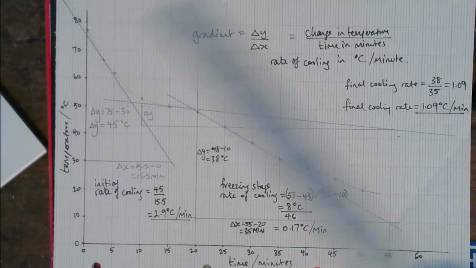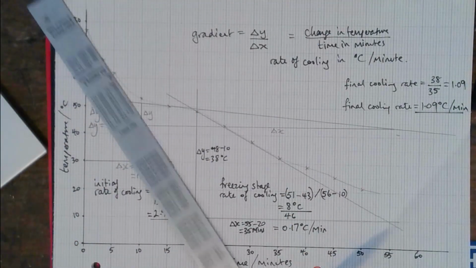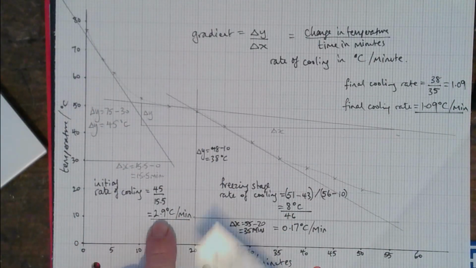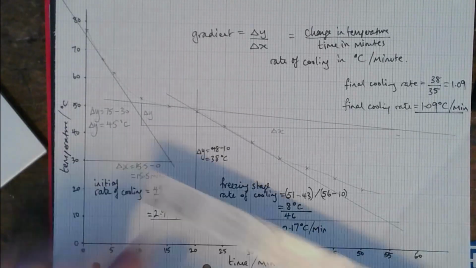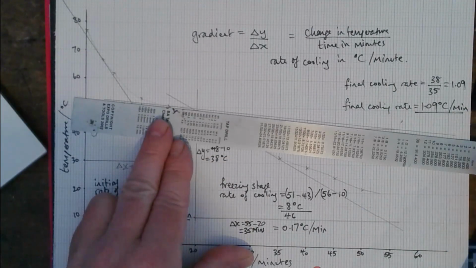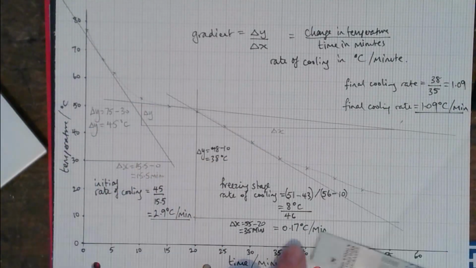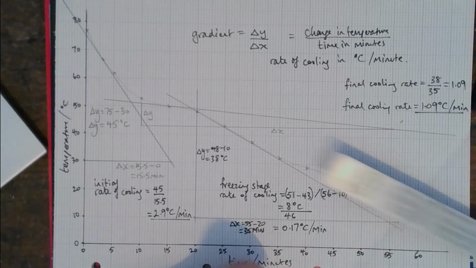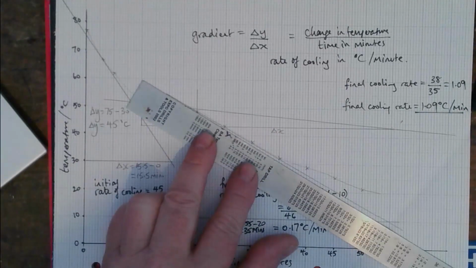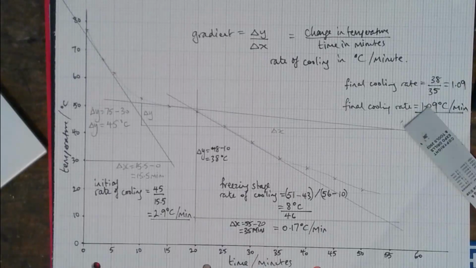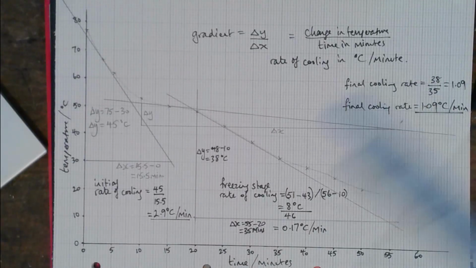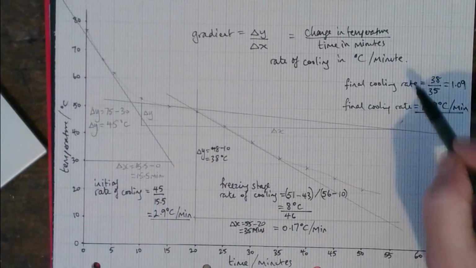The steepest one is here, that should be the largest number, and I've got just shy of 3 degrees per minute. I've got a very shallow one there which should be quite close to 0, and I've got 0.17, and a steeper gradient again, but not as steep as before, 1.09 degrees Celsius. 3 gradients. Put these calculations in the text.